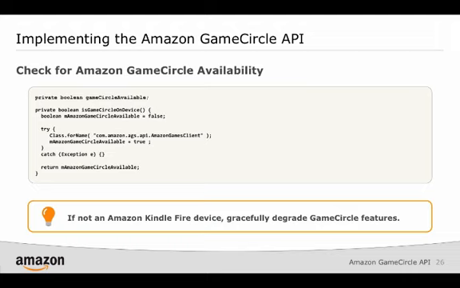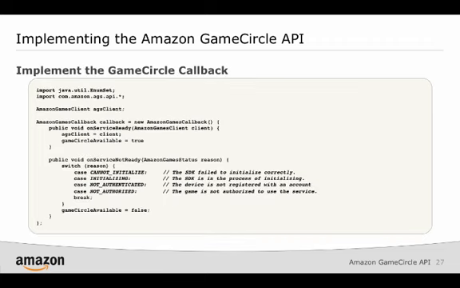To degrade GameCircle features gracefully on devices that may not support it, you can check for its availability in your game. When testing your GameCircle integration, an initialization status of Cannot Authorize may indicate that you haven't properly registered the package name and signature of the game build. Review the information presented on authenticating your game with Amazon GameCircle, and then try again.